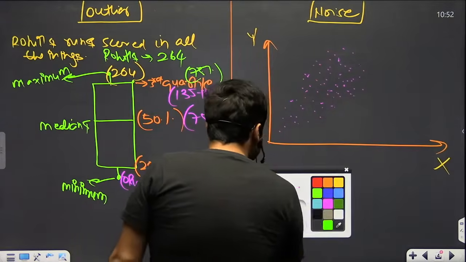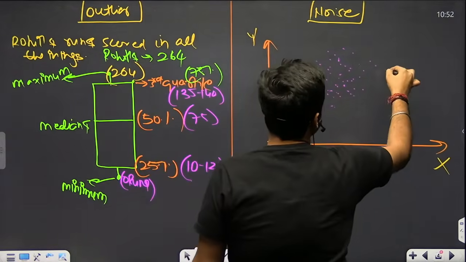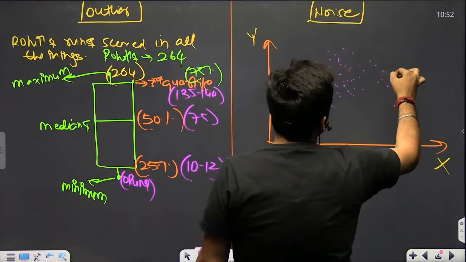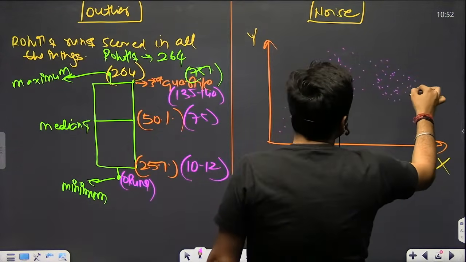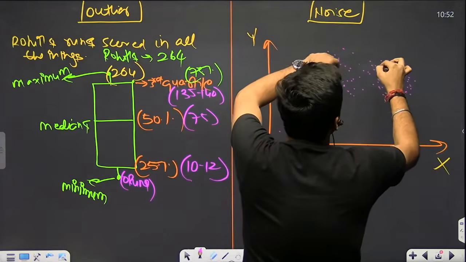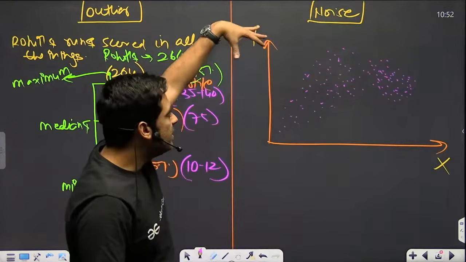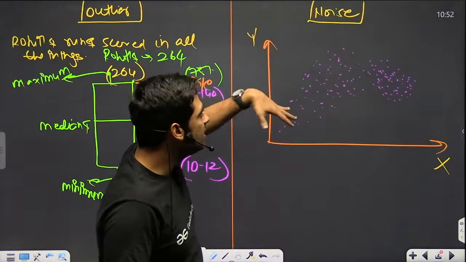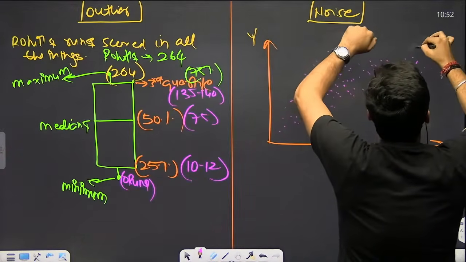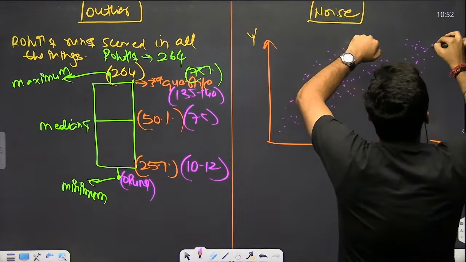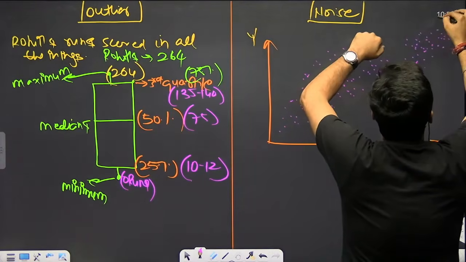Suddenly after a certain period of time, the points started decreasing, y started decreasing with increasing x, and then after a certain point it started increasing again.